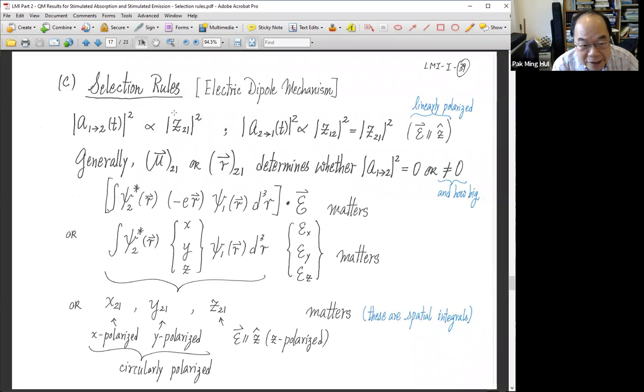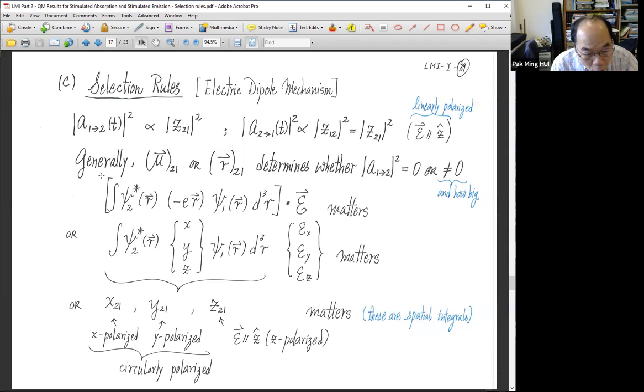We have used Z in our derivation for simplicity. We assume the E field is polarized in the Z direction. More generally, we actually pick up the electric dipole moment, which is the charge, minus e, times the position vector of the electron. Therefore, more generally, we will pick up this vector in the middle.